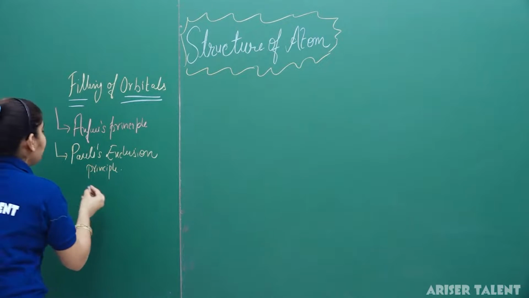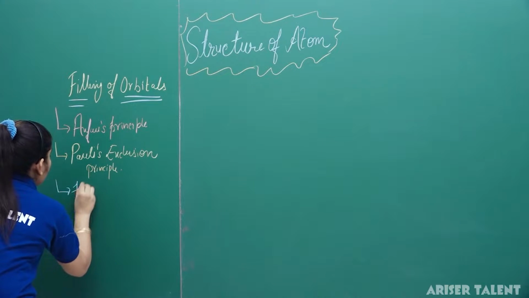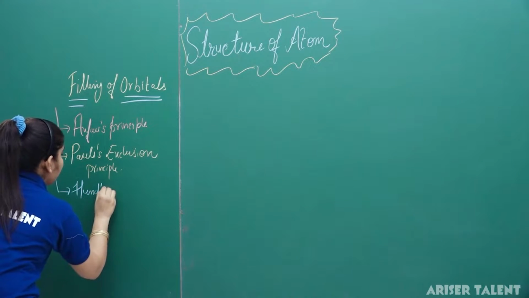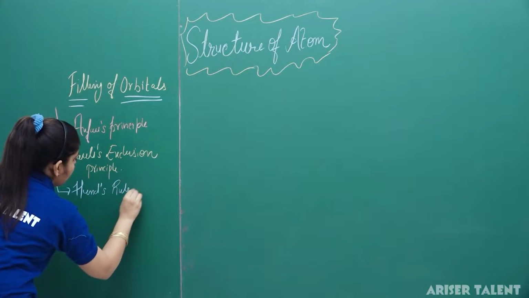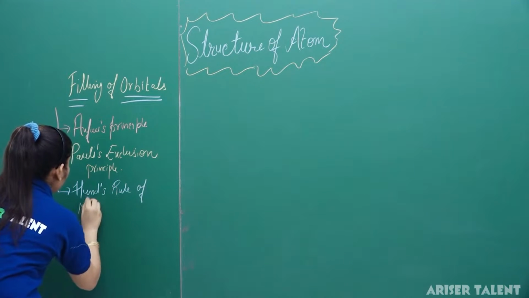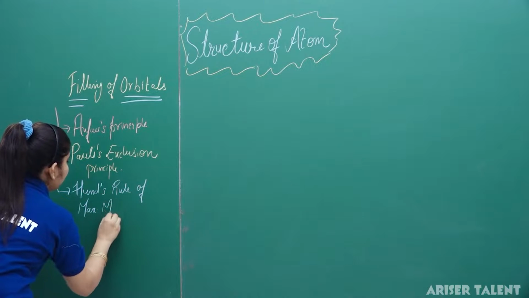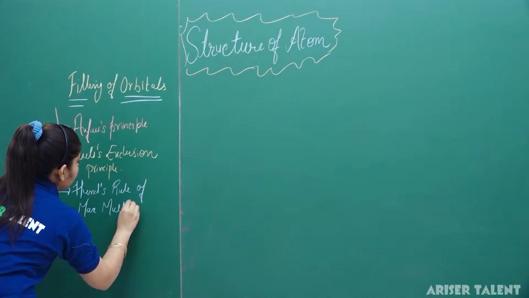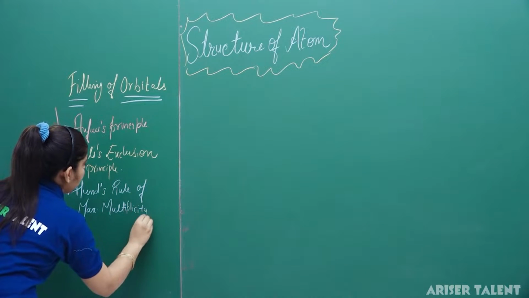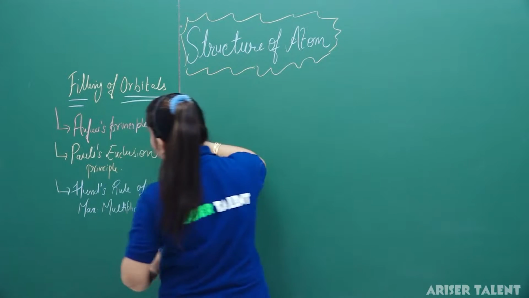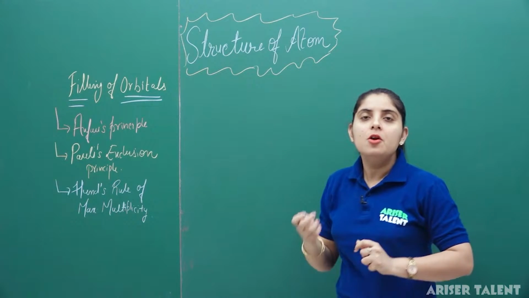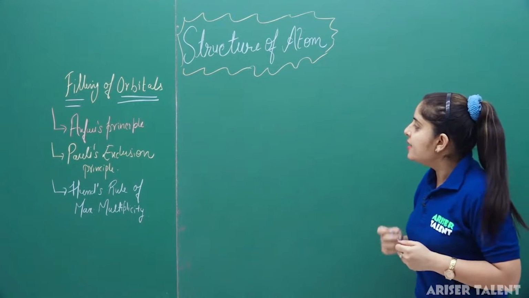And the third is Hund's rule of maximum multiplicity. So, these are the three basic methods for filling the orbitals of the energy in any subshell.